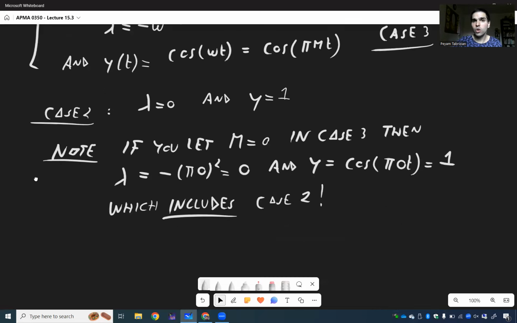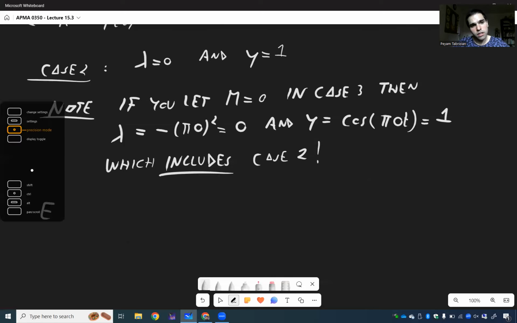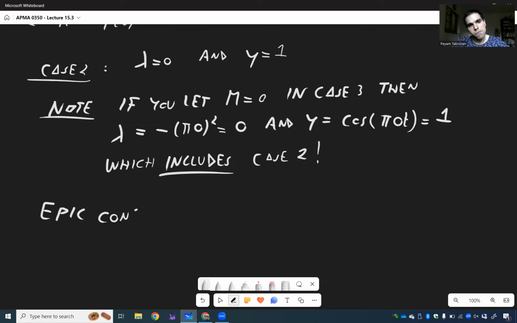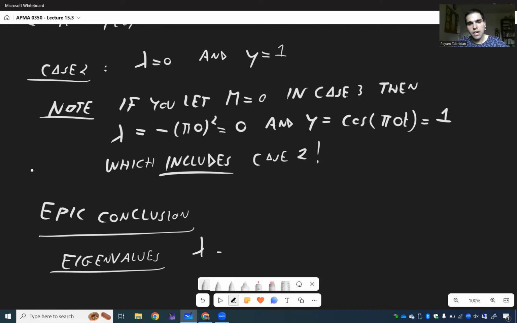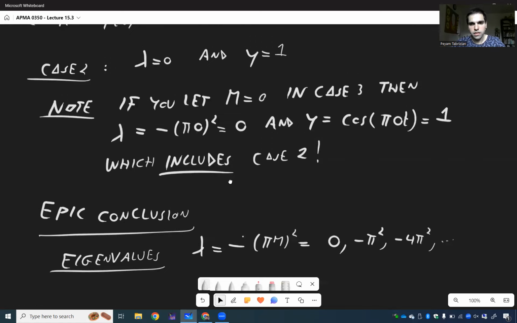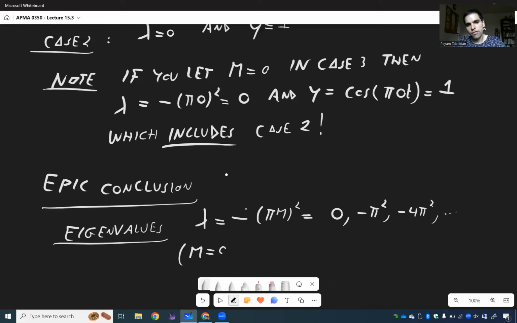So really the epic conclusion is the following. First of all, the eigenvalues are lambda equals minus pi m squared, where m starts from 0. So 0, minus pi squared, minus 4 pi squared, etc. So m from 0, 1, 2, 3.